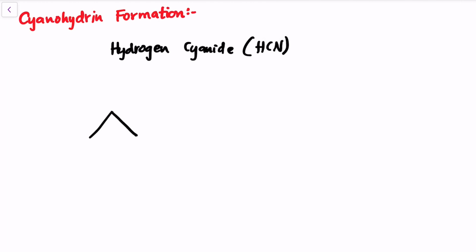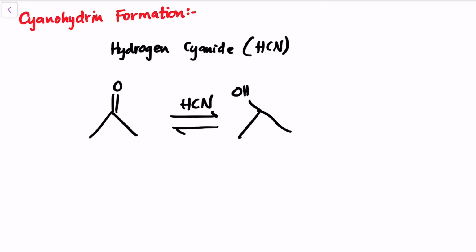Let's take a simple ketone. Under addition of hydrogen cyanide, it creates an OH group on one side and a cyano group on the other side. This is an example of a cyanohydrin. So hydrin represents the OH group and cyano represents the cyano. So this is the compound that you end up getting as a cyanohydrin.